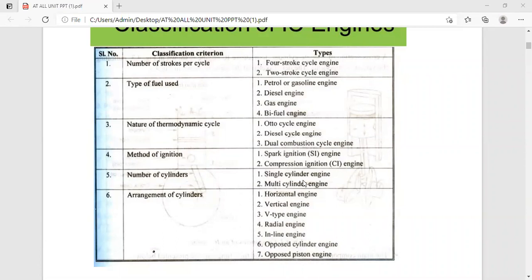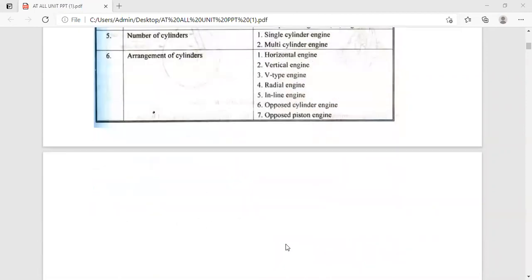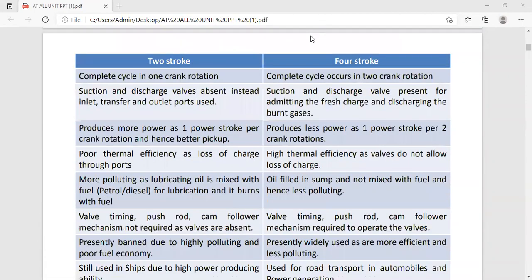Number of cylinders: single cylinder engine and multi-cylinder engine. According to the arrangement of the cylinders: horizontal, vertical, V-type, radial, inline, opposed cylinder and opposed piston. And we have seen the classification of two-stroke and four-stroke.